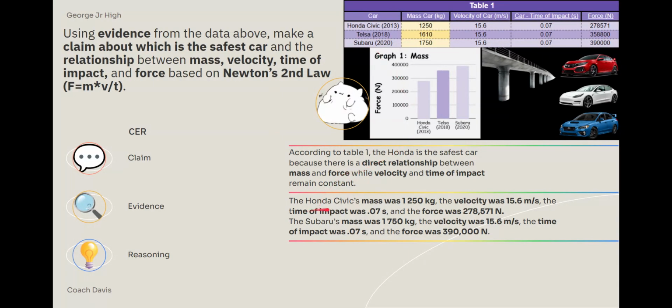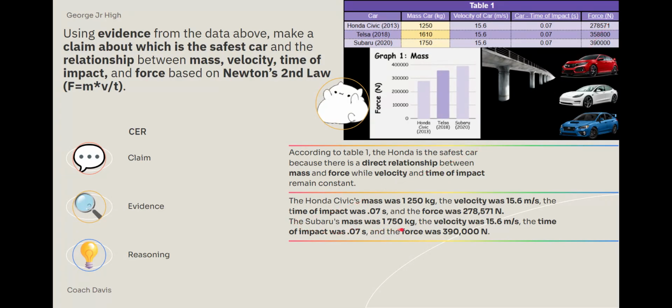So when the Honda Civic's mass was 1,250 kilograms, the velocity was 15.6 meters per second, and the time of impact was 0.7 seconds, and the force was 278,571.